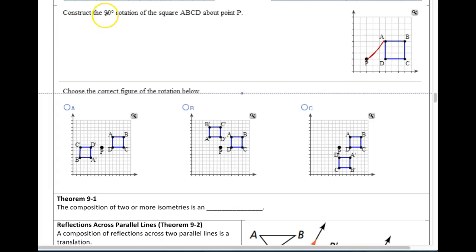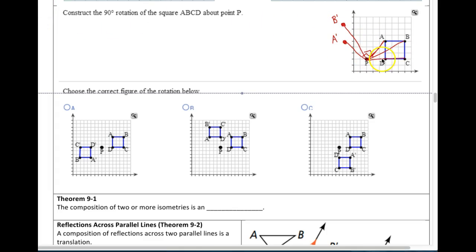Now, if I want to make a 90-degree rotation, I need to make a 90-degree angle. I went ahead and did that. Here's my 90-degree angle. So my A prime needs to be over here. Okay? Okay, I did the same thing for B. It looks like B prime is going to be right there.